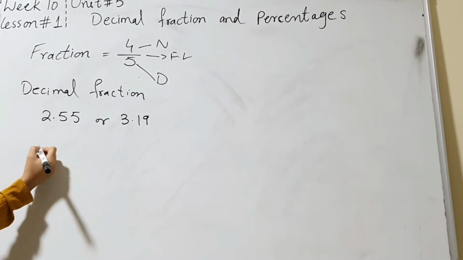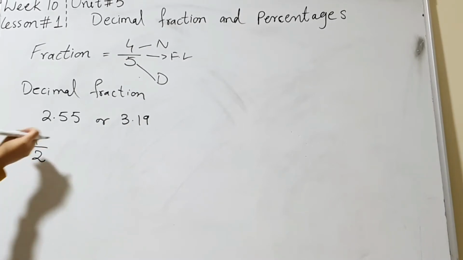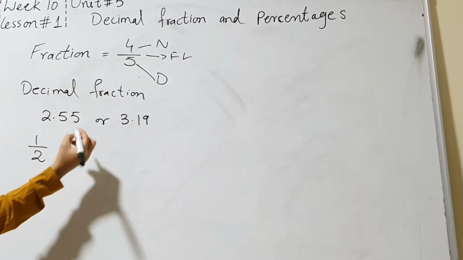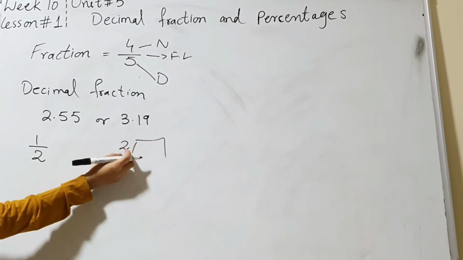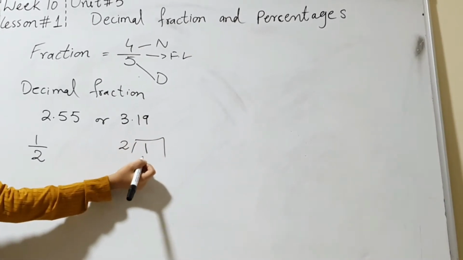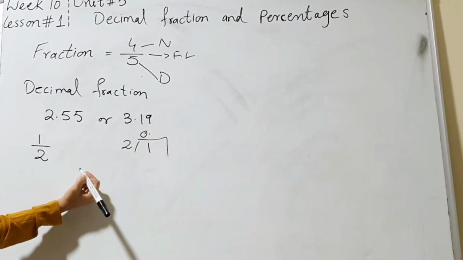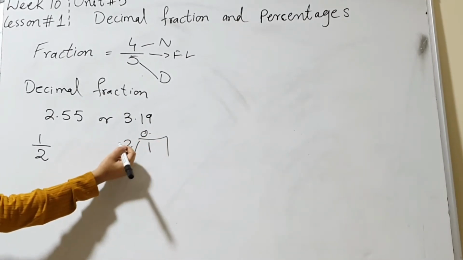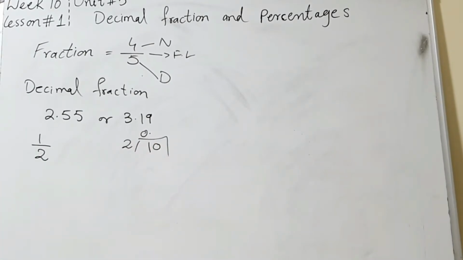For example, if I say 1 by 2, this is the fraction, and I can change it into decimal fraction by making hut and dividing it. 2 will be the divisor, 1 will be the dividend. 2 and 1 is not divisible, so what you will do, you will put the point here which you call decimal point, and then you will get an extra 0 for decimal point.